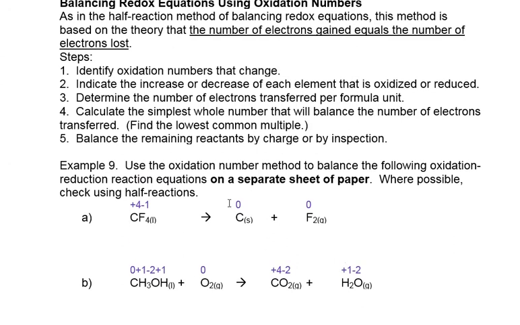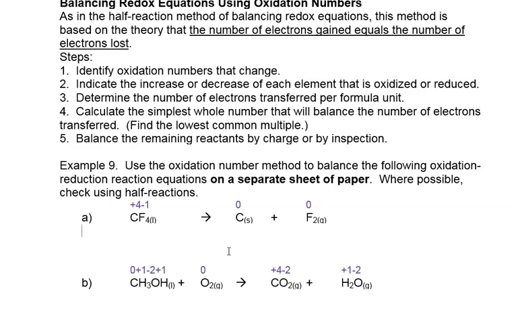So if we look at this one, we know what's changed. The carbon is going from +4 to 0. And in case you're wondering where I got these numbers from, it's the same questions we were looking at in example 8, so you can go back to that and look at where the numbers came from.